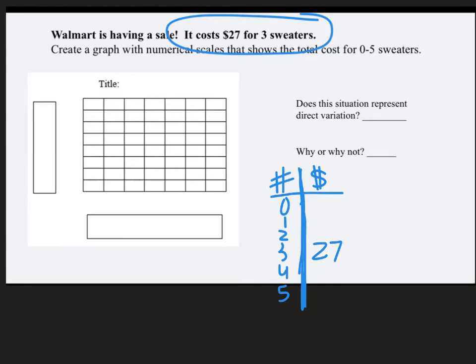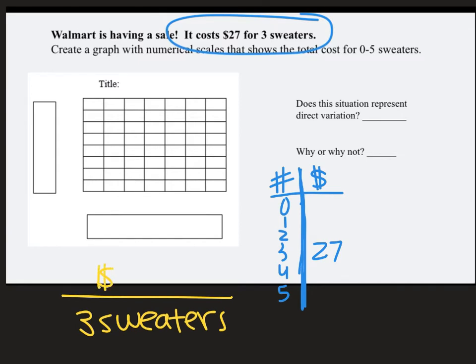Okay, so if I know that 3 sweaters is $27, I need to figure out the cost of 1 sweater. The way you do that, a couple ways you can solve a proportion. I'm just going to divide by 3. Divide by 3. So I know that the cost of 1 sweater is going to be $9.